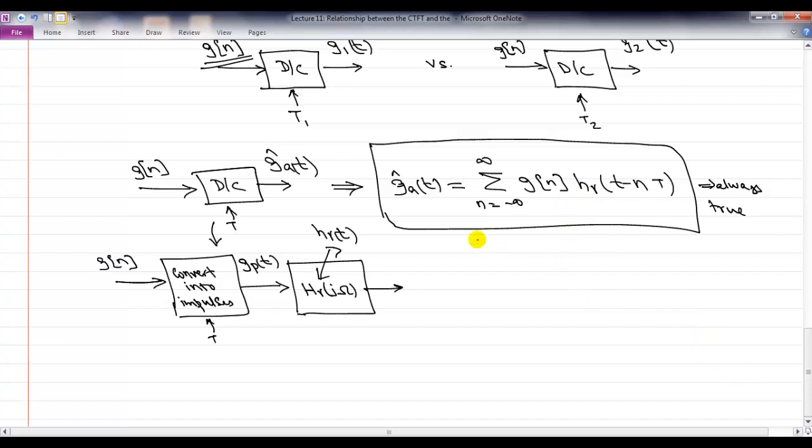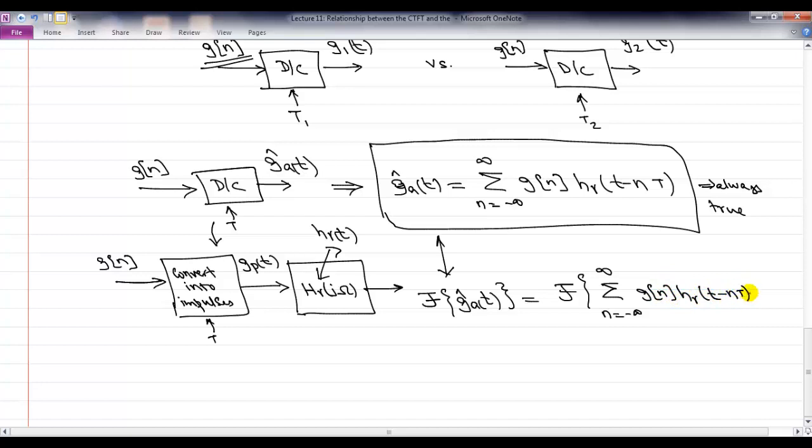So let's compute the Fourier transform of this output. I want to compute the Fourier transform of G hat A of t. I just compute the Fourier transform of this summation, from minus infinity to infinity of G of n HR of t minus nT.